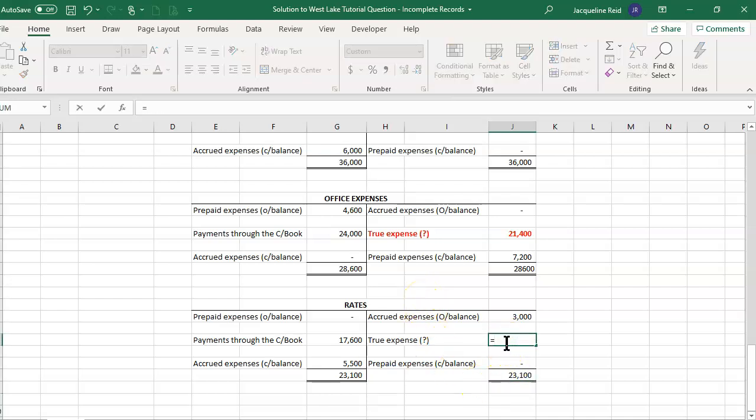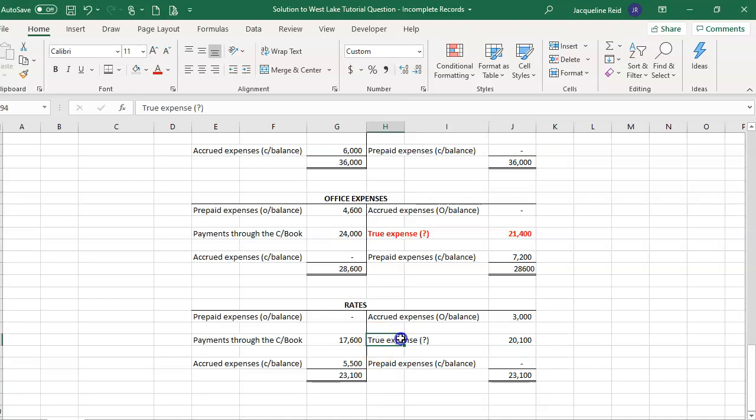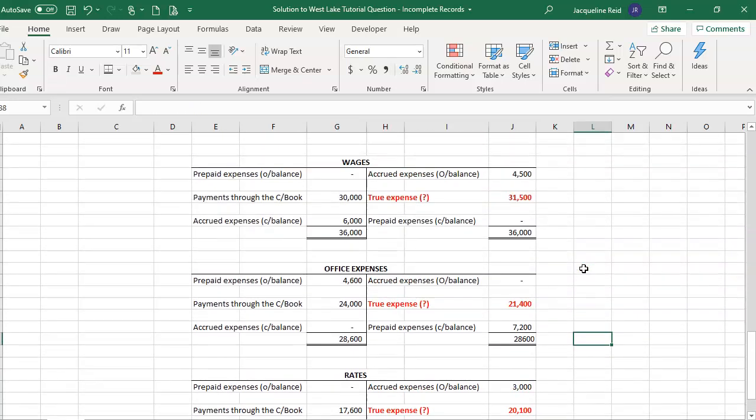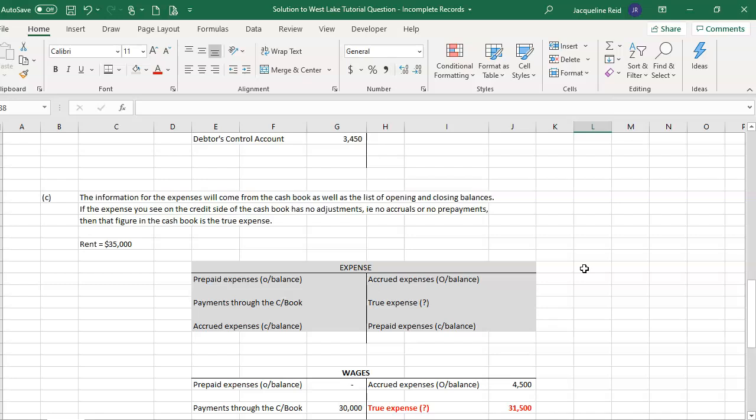Hence, our true expense will be found by subtracting 3,000 from the 23,100. So our true expense, as the question is asking us to find, is 20,100. So here are the answers for part C.